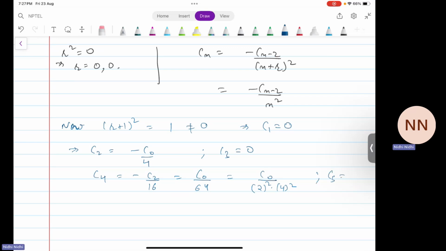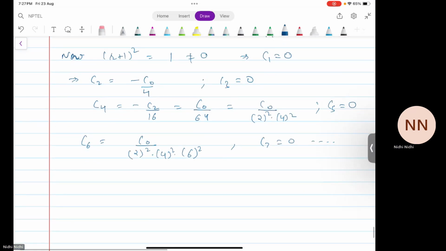C5 would be 0, C6 would be, in the similar way, minus C0 by 2 square times 4 square times 6 square. C7 will be 0, and so on. We can find rest of the terms.